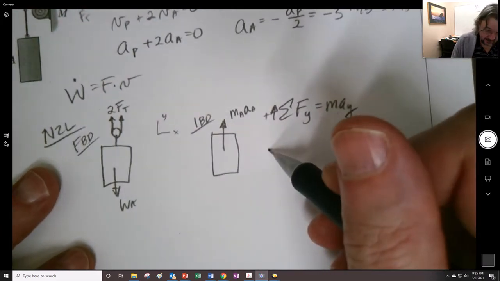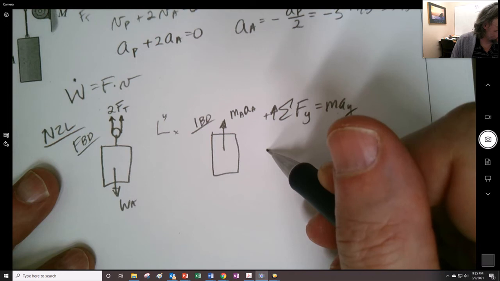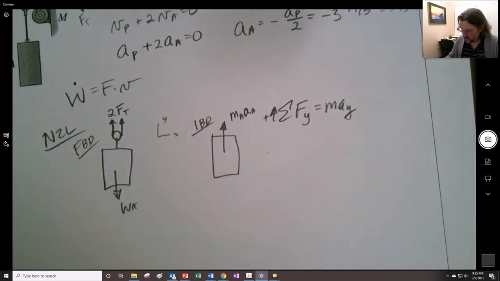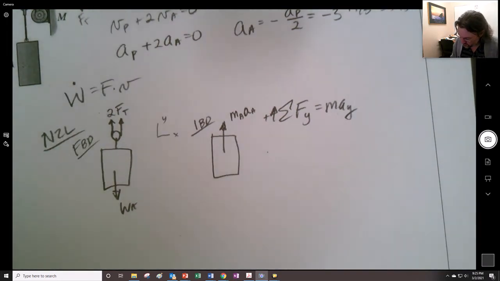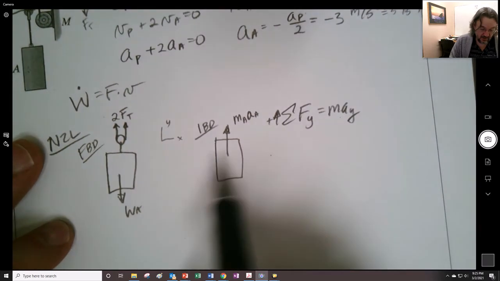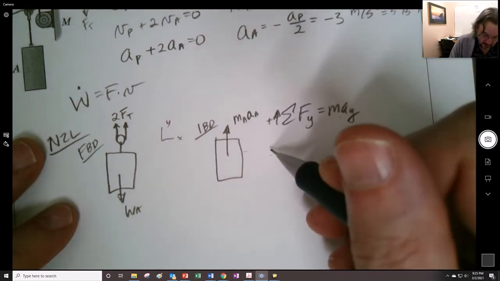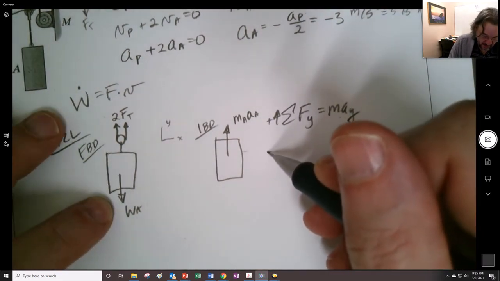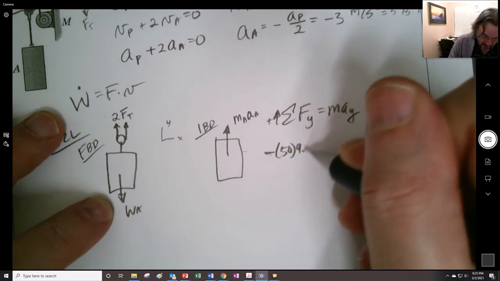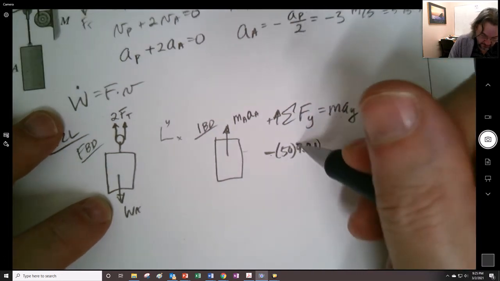And I say that I have, why didn't I write it with 2 in here? Did I get the numbers wrong? Why, oh why. So I want to double check my thing right here. But this is 50 kilograms, so we'll say we have a negative 50 times 9.81 right here, right?